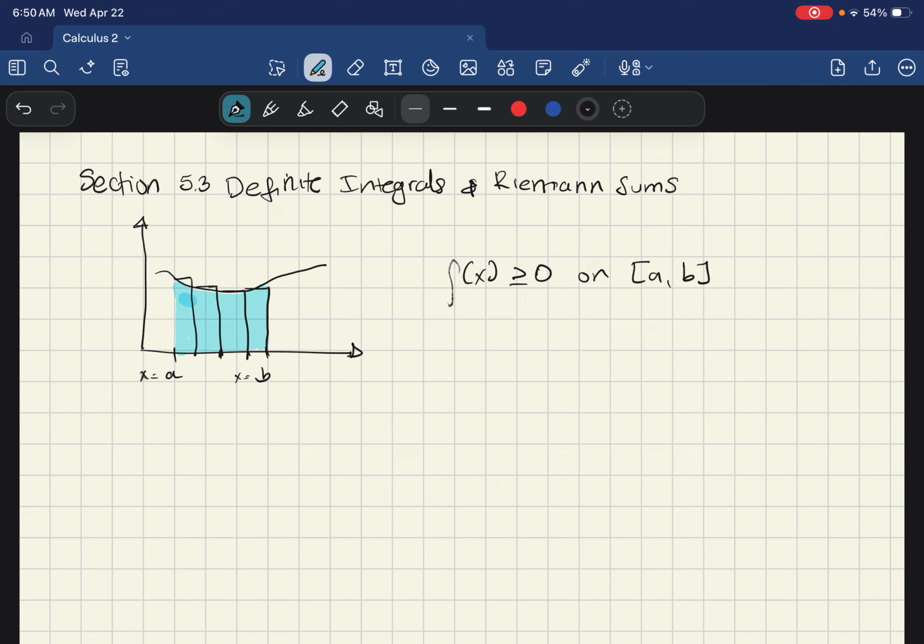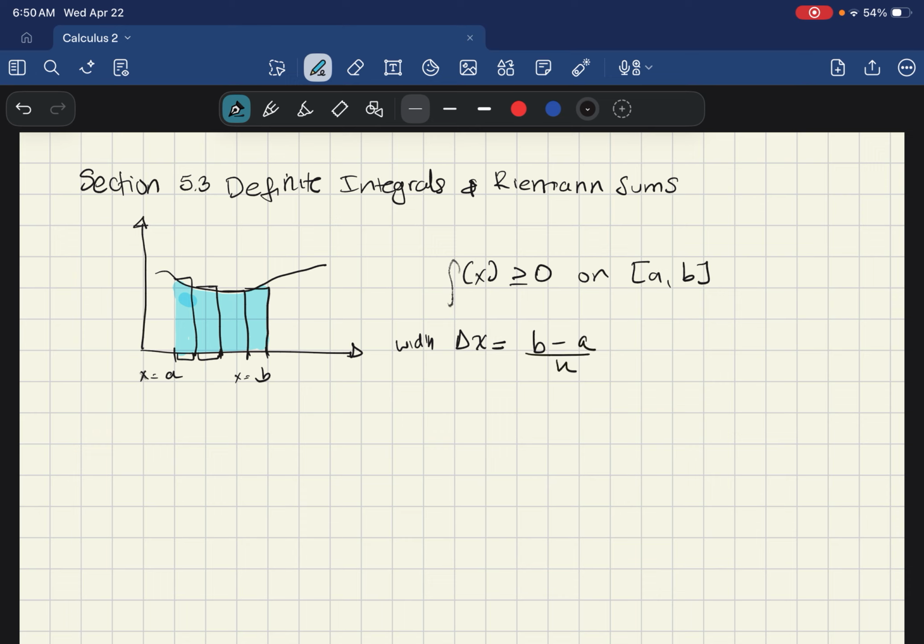The idea here is that in the interval between a and b, if we split it into n equal pieces, each one has a width, which is the width of the rectangle. The width is delta x, and we say it's b minus a divided by n.